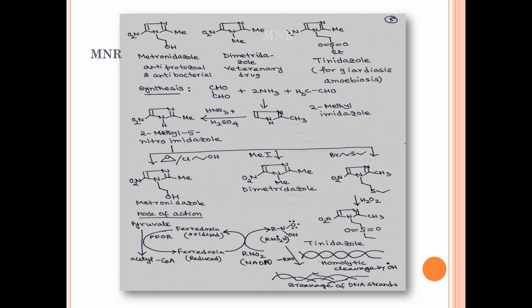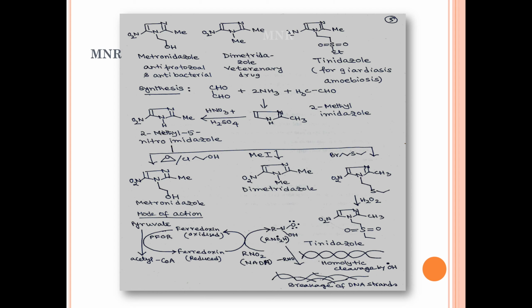Metronidazole is anti-protozoal and antibacterial; like bacteria, another variety of microorganism is protozoa. Dimetridazole is not active against humans, it is a veterinary drug. Tinidazole is for giardiasis and amoebiasis. These are all waterborne diseases and basically lead to stomach upset.